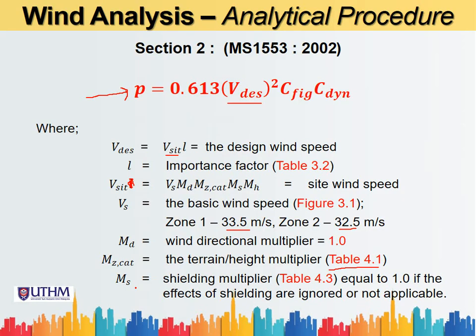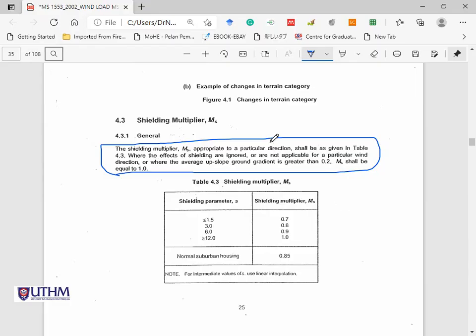Meanwhile, for the shielding multiplier MS, refer to table 4.3 in the Malaysia Standard. You can find this table on page 35. The shielding multiplier MS appropriate to a particular direction shall be given in table 4.3, where the effects of shielding are ignored or not applicable for a particular wind direction, or where the average upslope ground gradient is greater than 0.2, MS shall be equal to 1.